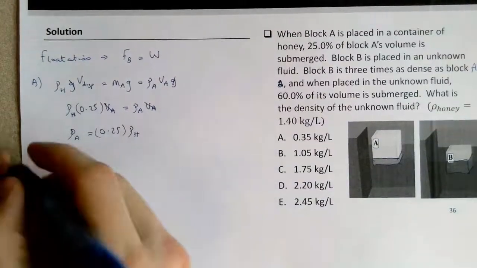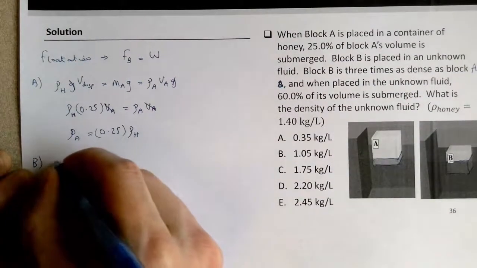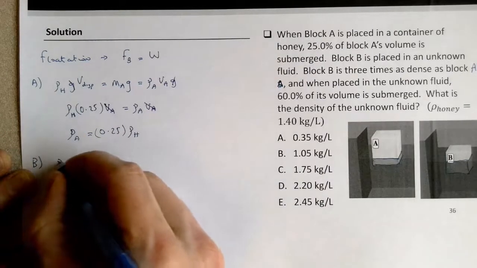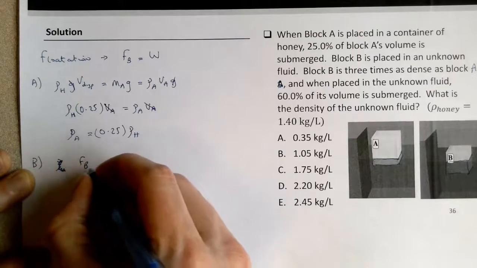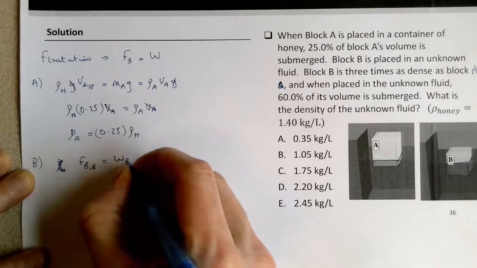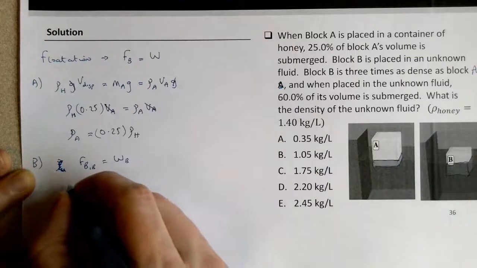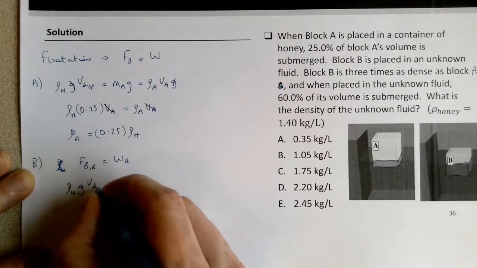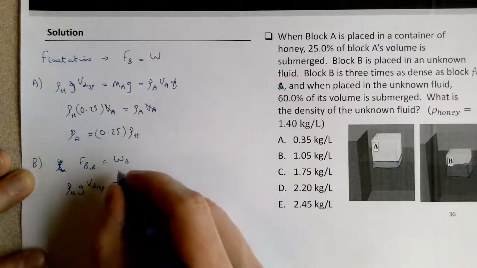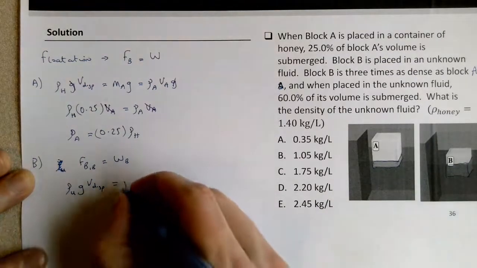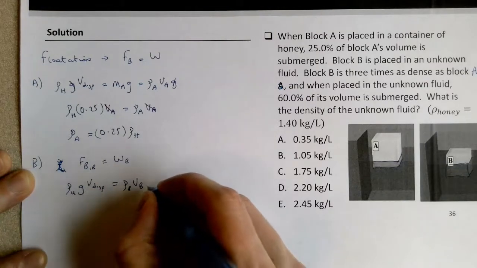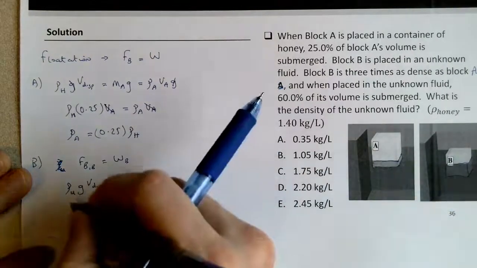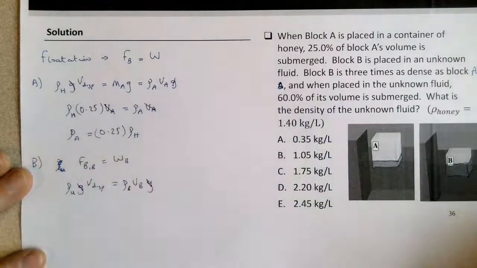So we know that for block B, the density of the unknown, I'll use U for unknown. Let me just start from the start here. So I know that the buoyant force on B is equal to the weight of B. So the buoyant force on block B is the density of the unknown fluid, U, times g times the volume displaced, equals, again, the weight of block B, which is the rho of B times the volume of B times g. Using the same principle as above, we can cancel out those g's.